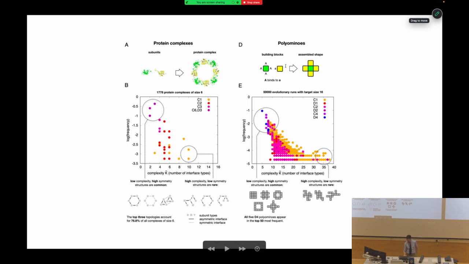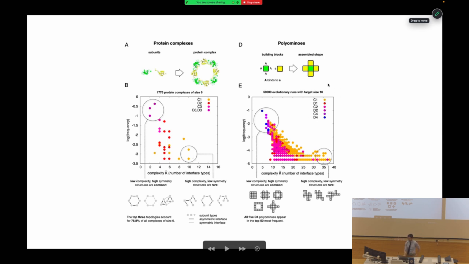If you look at a collection of known protein complexes and plot their frequency, how often do they show up, the frequency is on the y-axis, and the complexity is on the x-axis. Notice that the most frequent complexes have the greatest symmetry. Two of them have this hexagonal symmetry, and these two are a triangular prism. The least frequent complexes are irregular shapes that you see down here.